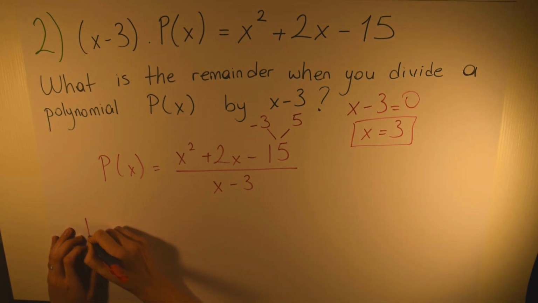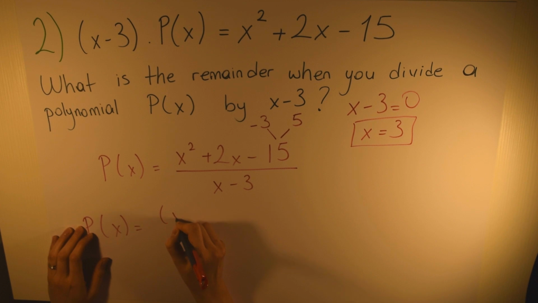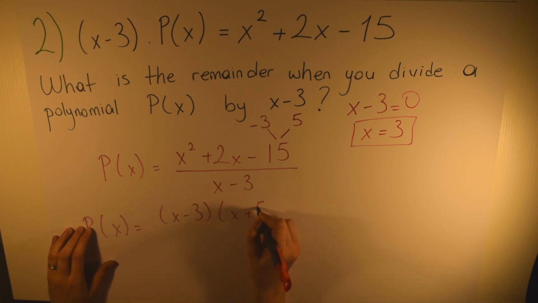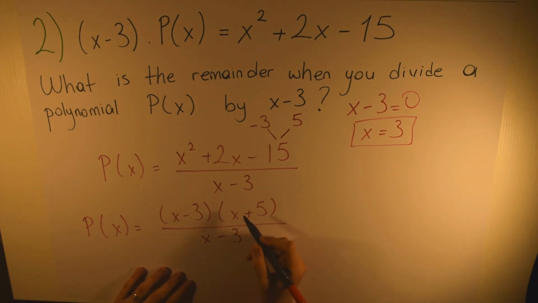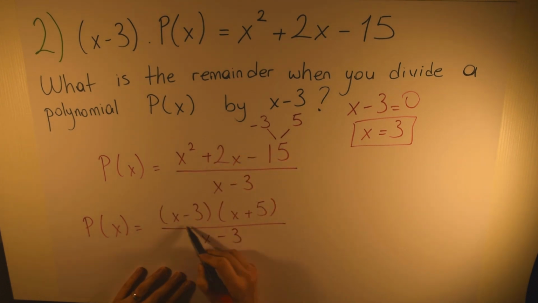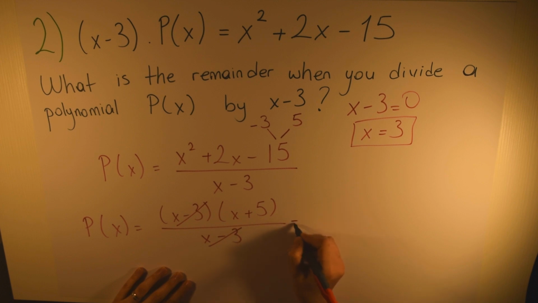So we get (x minus 3)(x plus 5) over x minus 3. When we write this expression like this, we cancel out the x minus 3 and just get x plus 5.